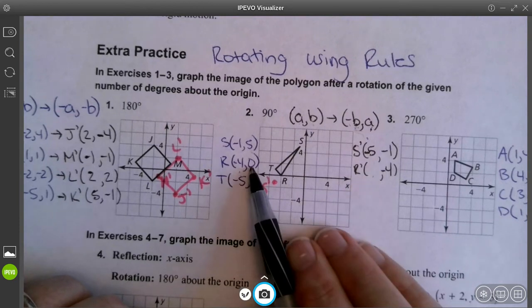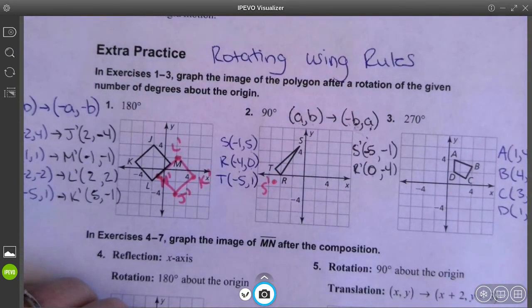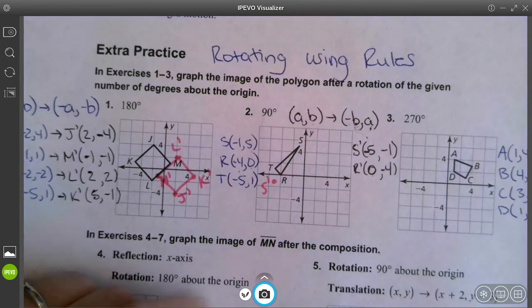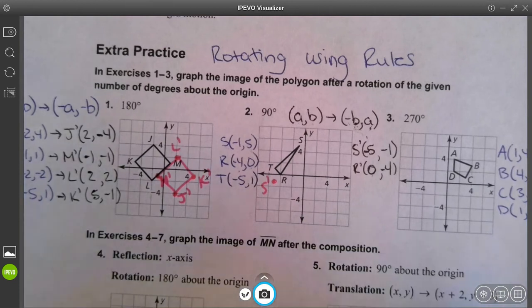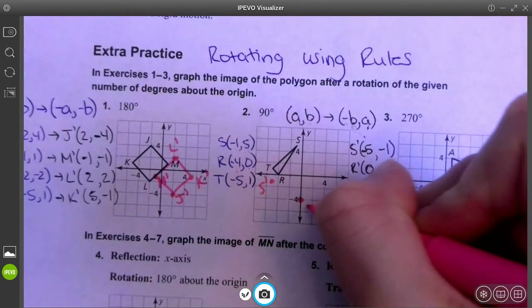Well, 0 is just 0. The opposite of 0 is still 0. So 0 is the x coordinate of my point R prime. I'm going to go ahead and graph that. R prime is located at 0, -4.